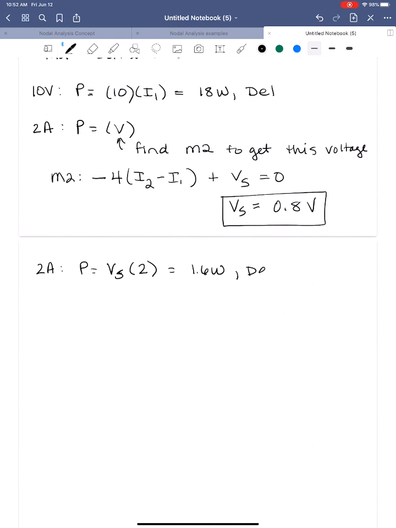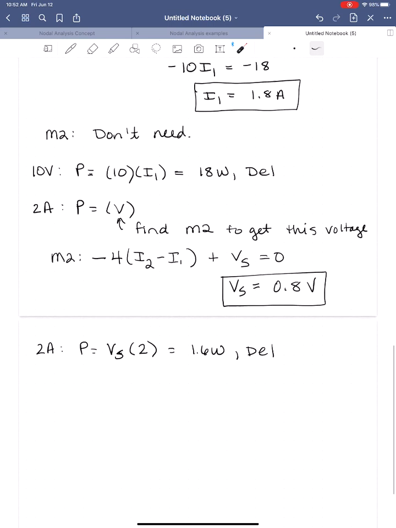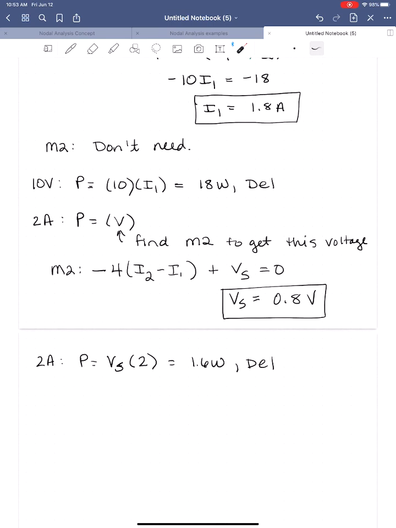And that's delivered because the current is flowing from minus to plus. Okay? And I should add this in up here, power.